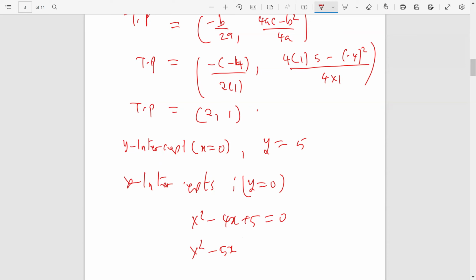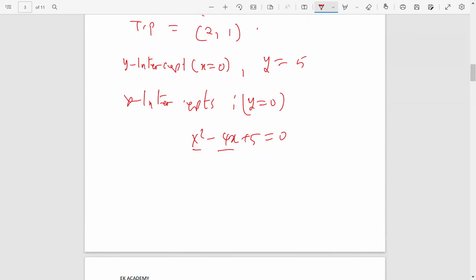Can we split the middle term? The product of two numbers being 5 and the summation being negative 4. I think you can see that we cannot actually split the middle term.